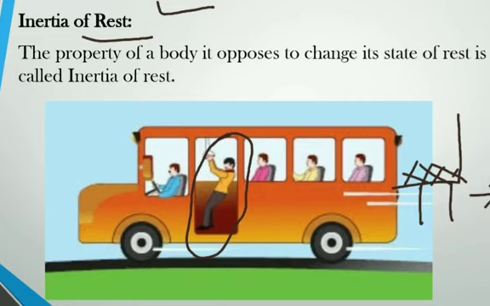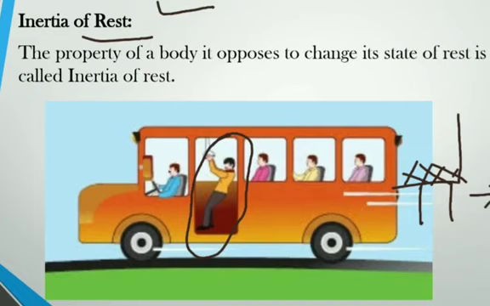But at the same time, the upper part of the body, which was at rest, opposes the change of its state, so that the upper part of the body wants to remain in a state of rest only, so the person falls backward. This is because of inertia of rest.